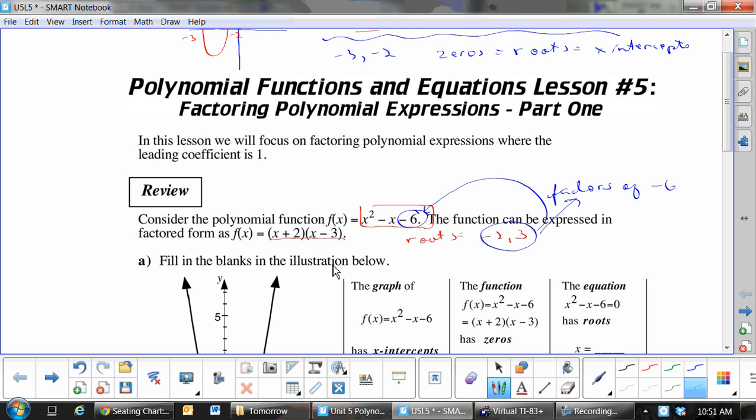Our roots will be factors of the constant. Now I'm using factors with roots. Before, 3 minutes ago, factors were the things that multiplied to get the equation. So we've got to keep that really, really clear. The way you find your roots is look at the factors of the constant.